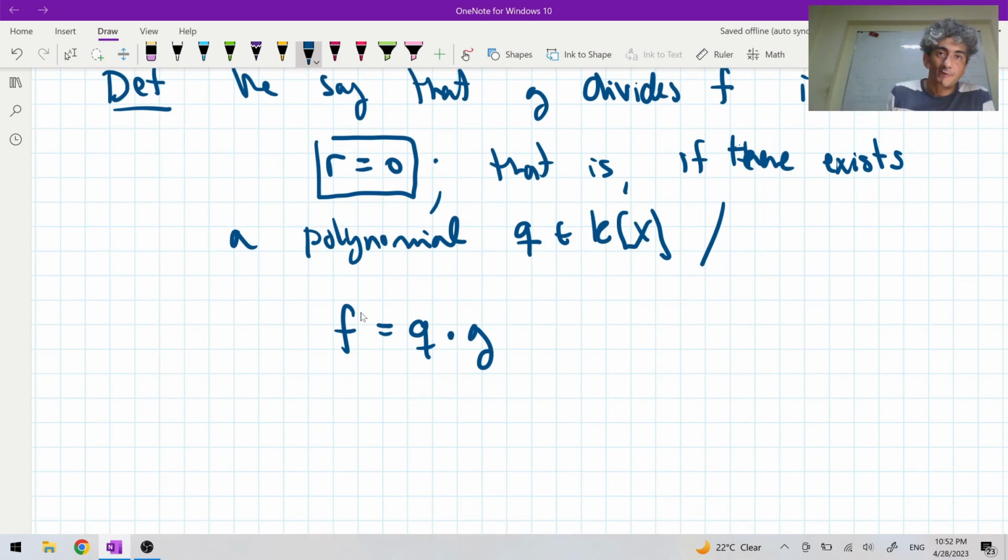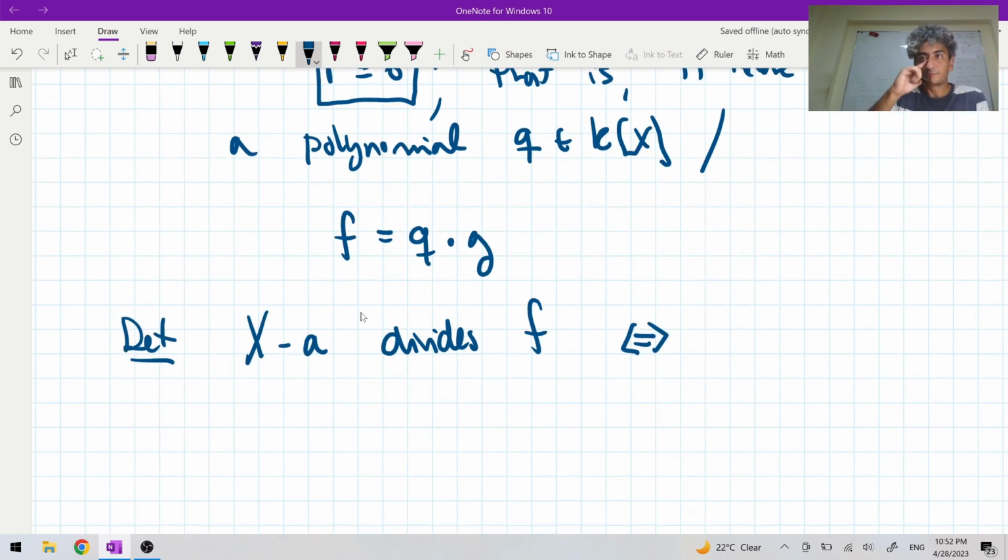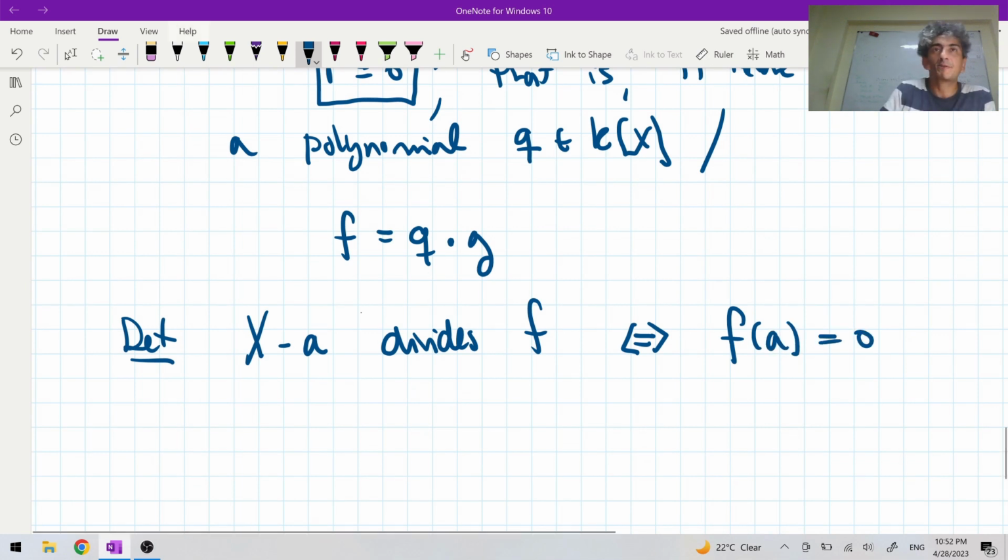Another definition. This is simply a special case. The polynomial x minus a divides f if and only if f of a equals 0. It's not a definition, this is a theorem.